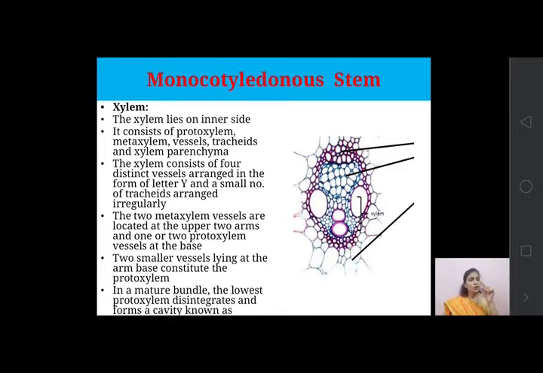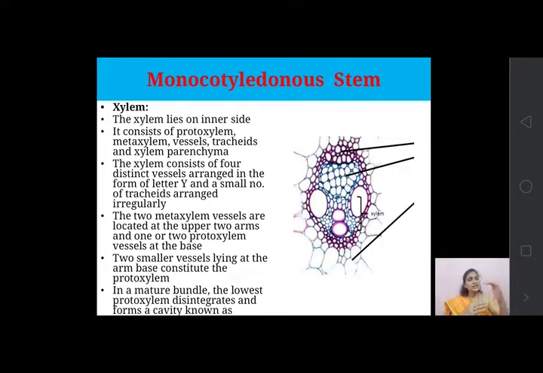And then two types of circular bodies you can see in the figure. The larger, somewhat oval circular body is known as the metaxylem, and the smaller ones present at the center, two smaller vessels, the circular rings, are known as the protoxylem.